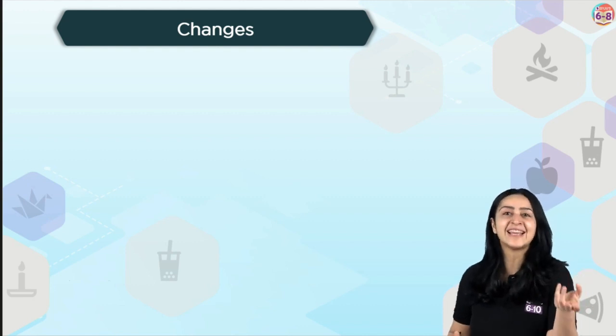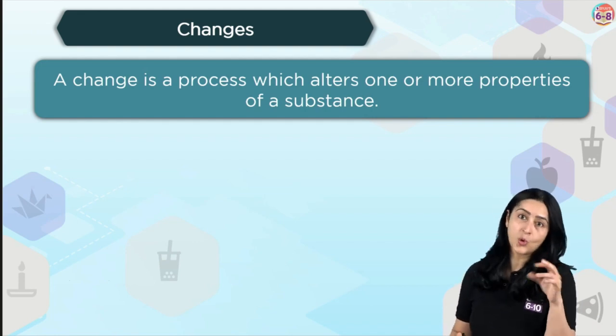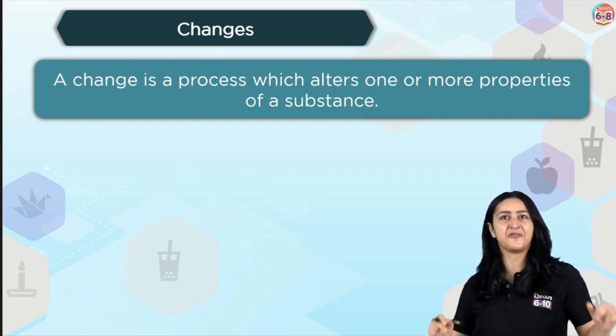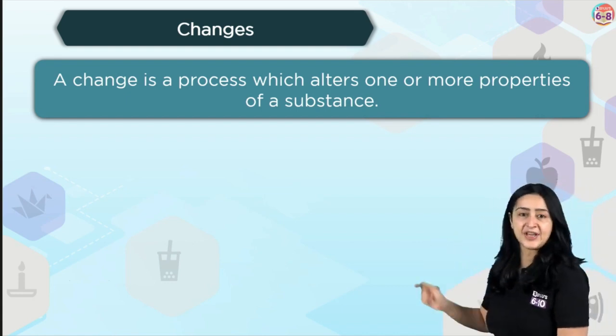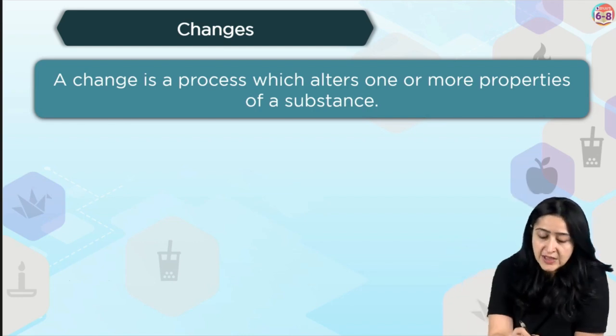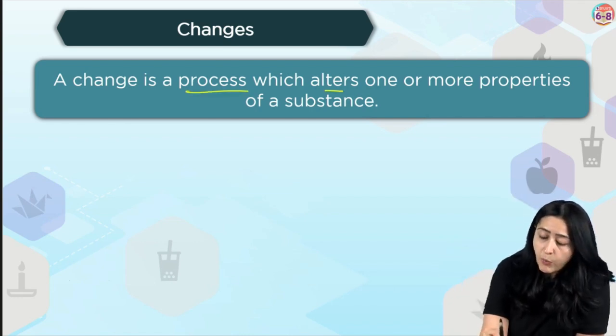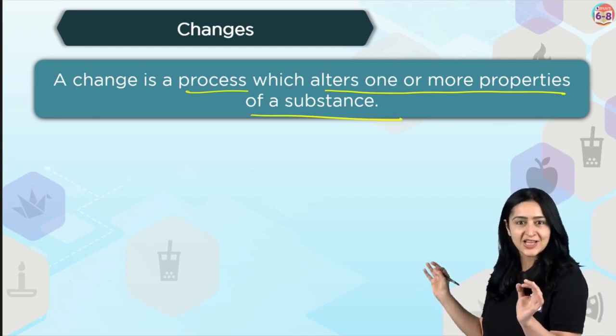What exactly is change? Well, the scientific definition of change is exactly this. It says that a change is a process where one or more properties of a substance get altered. So I read this for you again.